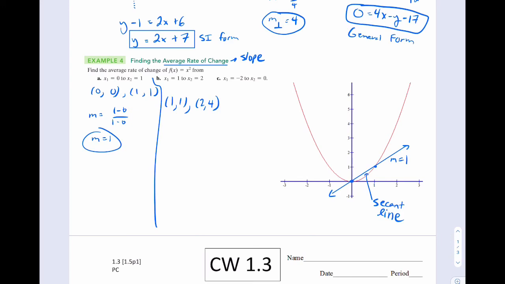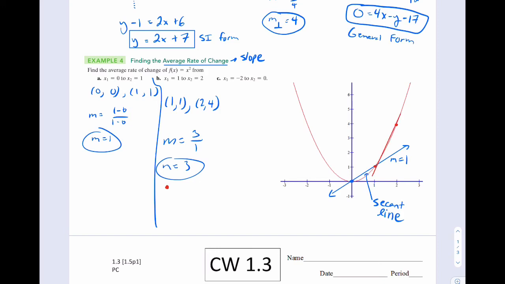So let's do a couple more examples here. We'll go to B from 1 to 2. So 1, 1. This would be 2, 4, once you square it. Hopefully some of you can just do the slope in your head. That shouldn't be too bad for you. So that would be 3 over 1, which is 3. Let's draw in the secant line. So I'll do this one in red. 1, 1 is right here. 2, 4 is right here.